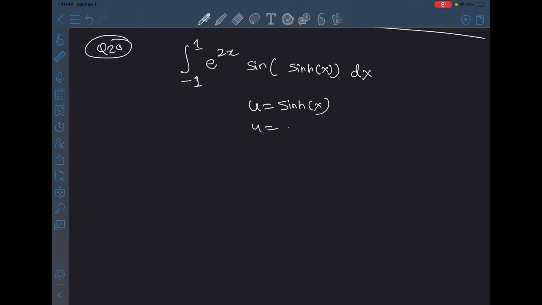We know that u is now. I don't know if that should work, but I don't know how it will. How will it work? By 2 times e to the power x, right?